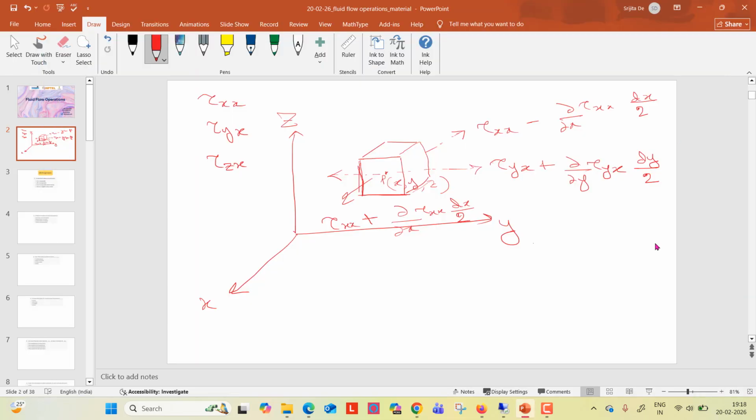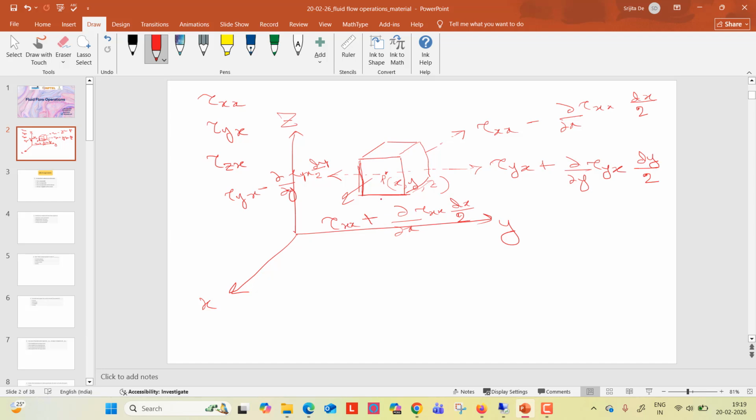Similarly, in the opposite direction, it will be tau yx minus del y of tau yx dy by 2, right? Now for the z also this will work.